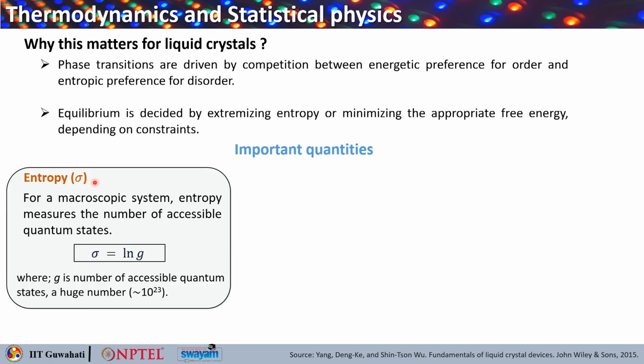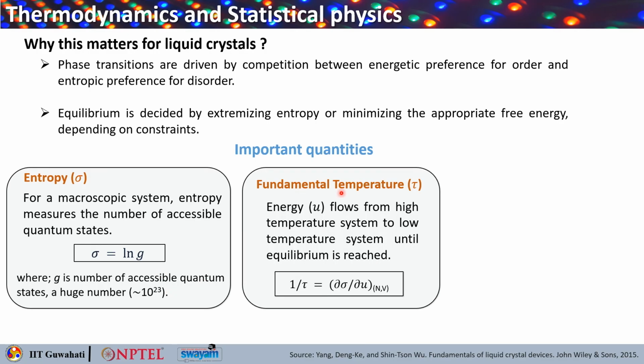So, what are the important quantities here? The first one is entropy. For a macroscopic system, entropy measures the number of accessible quantum states. So, sigma can be given as ln g, where g is the number of accessible quantum states. Typically g is a very large number, around 10 to the power 23. Then another important quantity is the fundamental temperature tau.